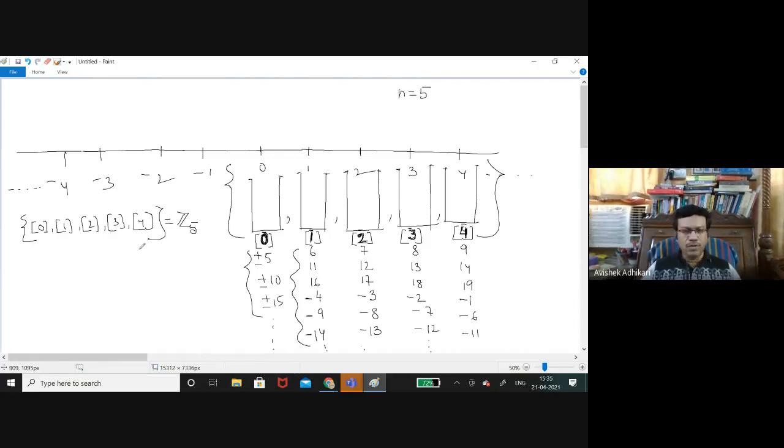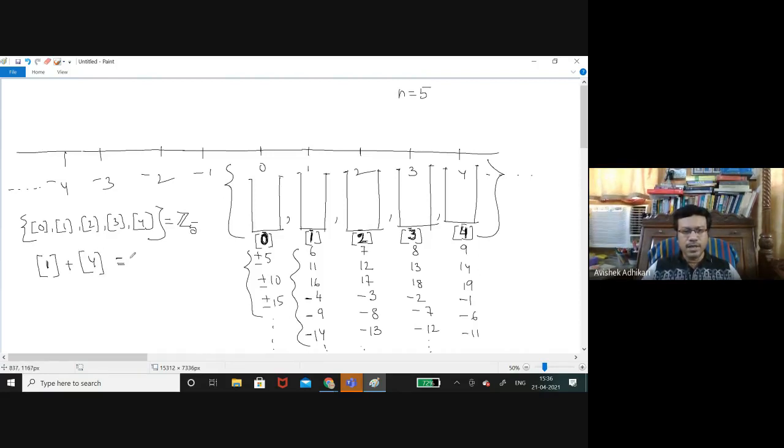Now how to define this addition? The definition is quite easy. I'll take some element 1 and some element 4.